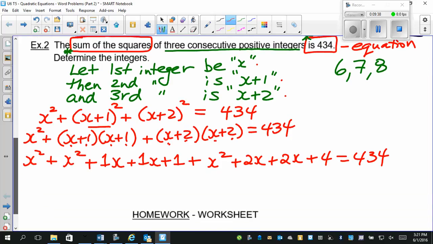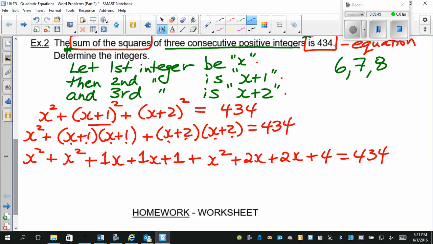I'm going to collect all the like terms together on the left side, and we'll leave 0 all by itself on the other side. So I've got x squared, x squared, x squared. So I've got 3x squared. Okay, I've got 1x, 2x, 2x, 6x altogether, so plus 6x.